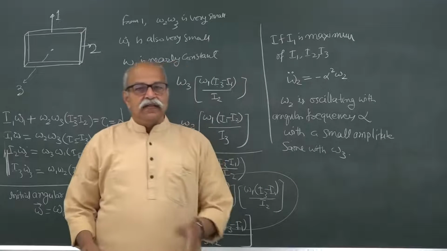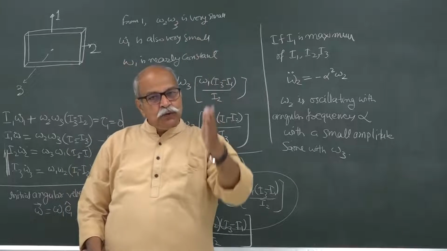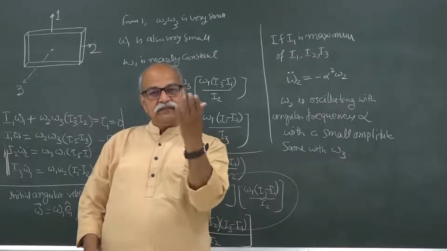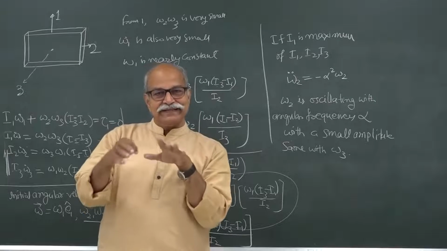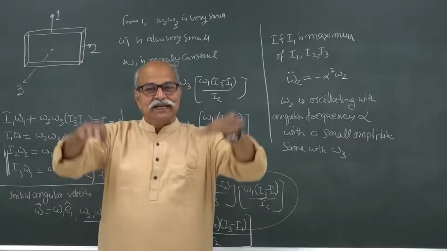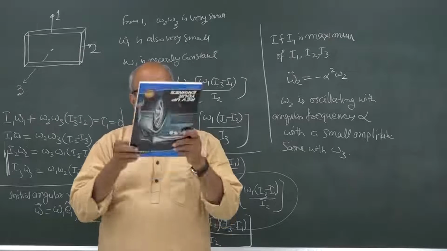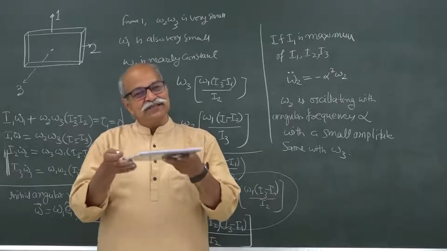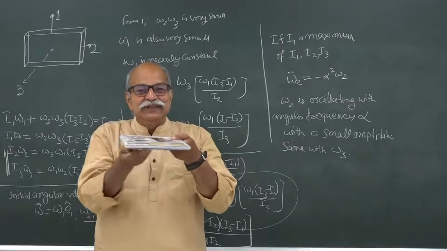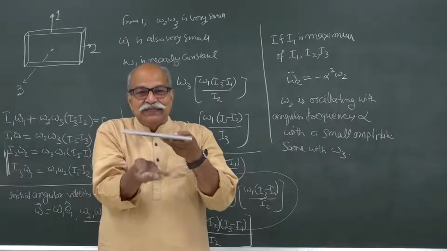Okay. So, largely it will continue with angular velocity omega 1. Some small omega 2, omega 3 will be there, but that will be oscillating, the amplitudes will be small, and finally, when my notebook falls on this table, it falls with whatever was initially below this surface.